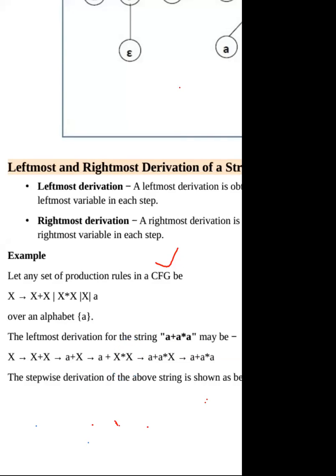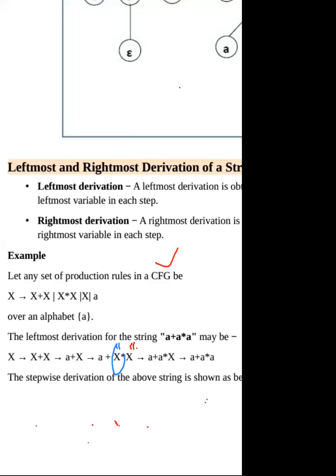Mark the leftmost one by a blue line, and the rightmost one by a red line. Tell me which x is to be replaced if I use leftmost derivation. Of these two x, blue and red, which one is the leftmost x? The blue x is the leftmost x.